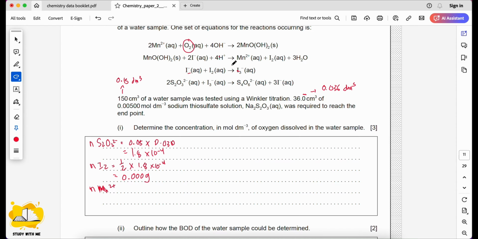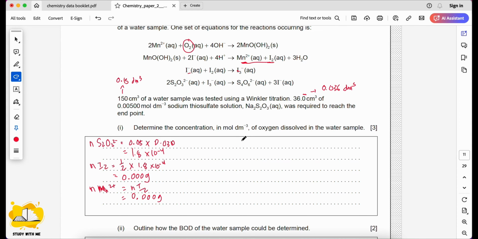And then we find the mole of Mn2+. So I2 and Mn2+, okay, they have the same coefficient, so that will be the same number of mole, 0.0009.